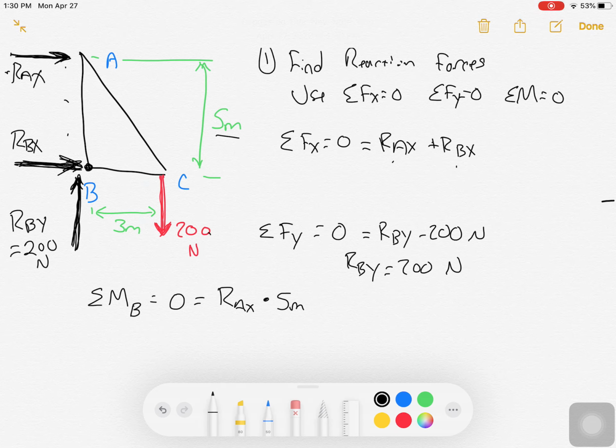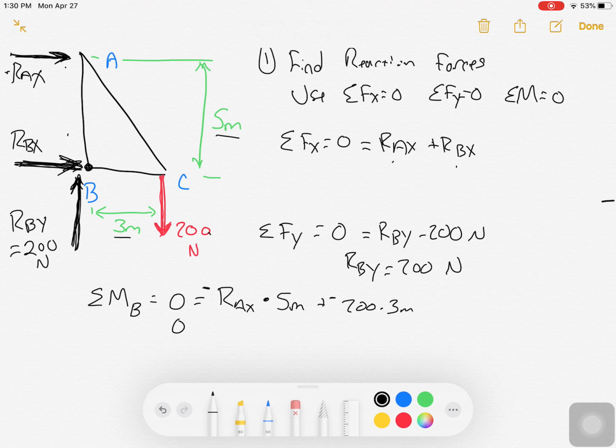And this is going to cause the thing to rotate clockwise, so I'm going to make that negative. Next, I'm going to look at my 200 newtons. So plus 200 newtons times its distance from point B, which is 3 meters. And it also is going to cause things to rotate clockwise, so it also is going to be negative.